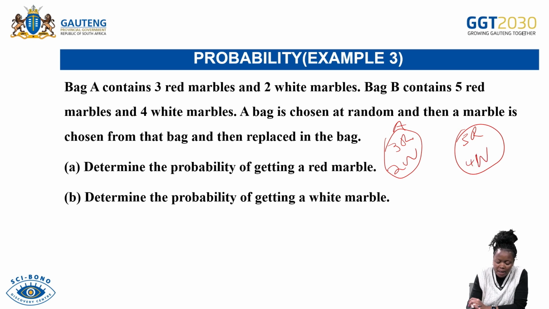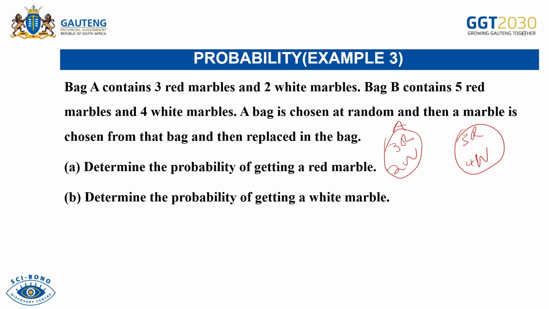They're saying a bag is chosen at random and then a marble is chosen from that bag and then replaced in the bag. So they choose a bag at random, so it can either be bag A or bag B, and then they choose a marble from that bag and replace it in the bag. So first, it's taking out a bag, and secondly, it's taking out the marble.